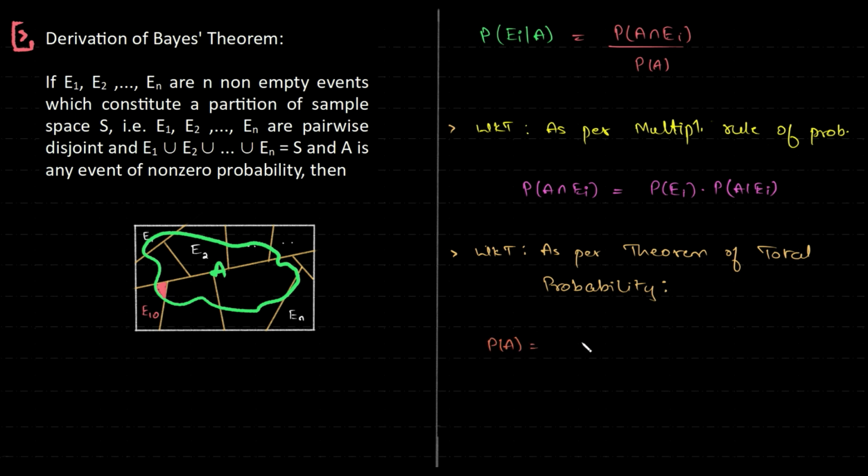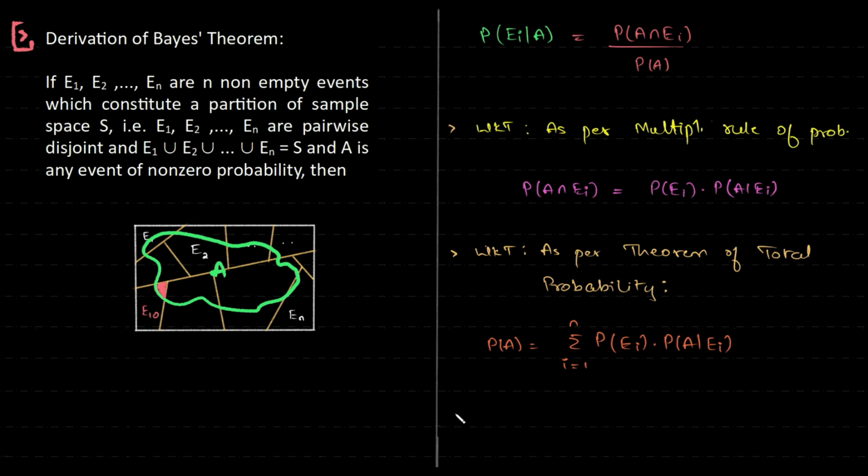P of A can be written as the sum of i equal to 1 to n of probability of Ei into probability of A given Ei. So this is the whole funda.